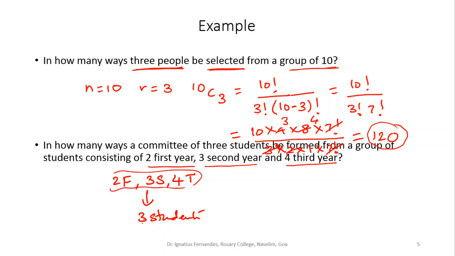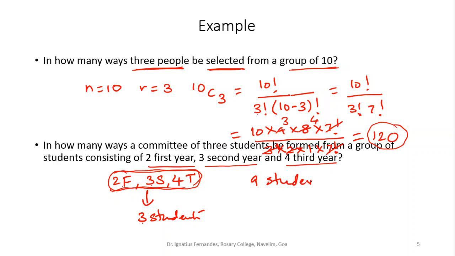So when you have to form a committee of 3 students, it is just like you will select any 3 students from this group. Now there are no conditions as such as to how to form this committee, we have to just form a committee of 3 students. So in a way, you will select 3 students from this. 2 plus 3 is 5 plus 4 is 9 students.